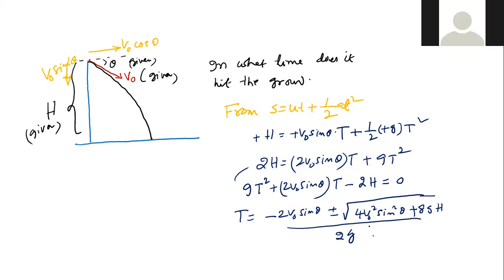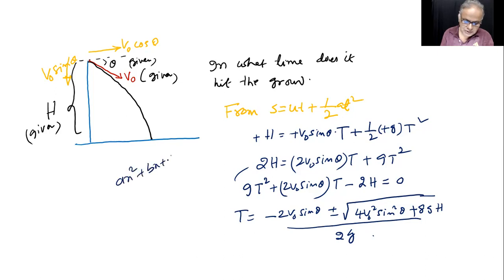I cannot hear you. Nihita, are you speaking? Yes, sir. Tell me. It should be 16 V naught square sine square theta, right? Because it's 2 V naught sine theta. Ax square plus bx plus c equals 0.